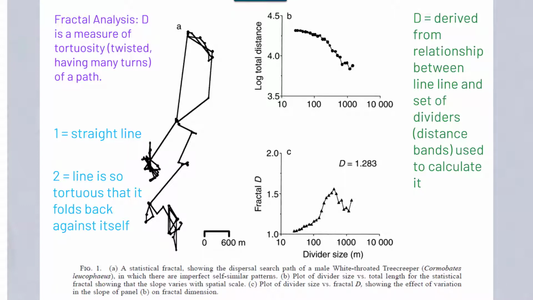So in the figure to the left-hand side, you can see a complete path of a bird, the tracks of a bird over the period of time from this particular animal's journey. And we can kind of get an idea of where those periods of higher tortuosity are going to occur just by looking at the overall path.